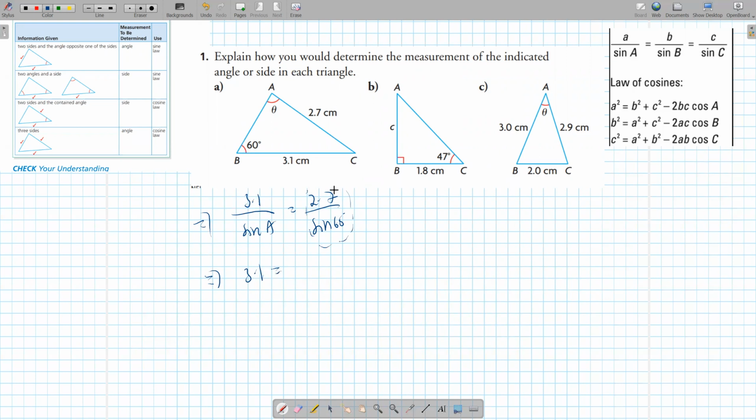It's actually 3.117, and then you have sine A. Then you divide both sides by 3.117, and that gives me 0.994 equals sine A. What about now?